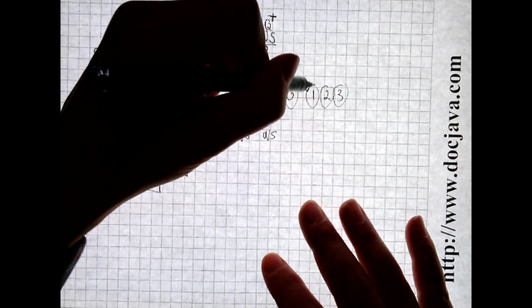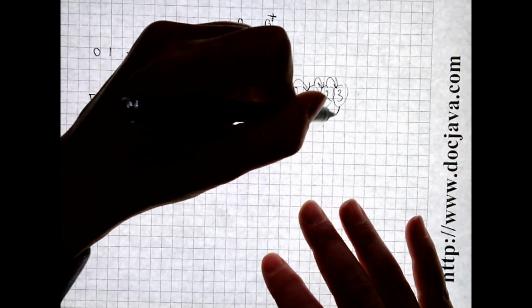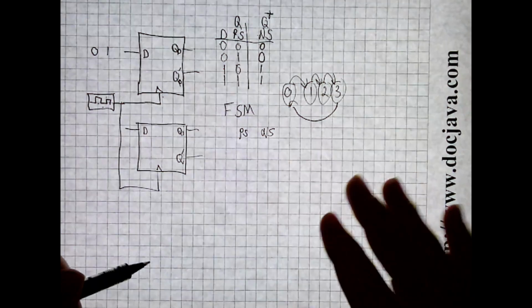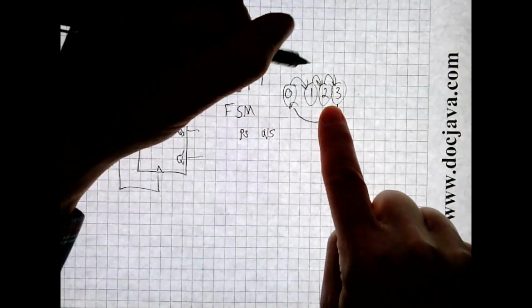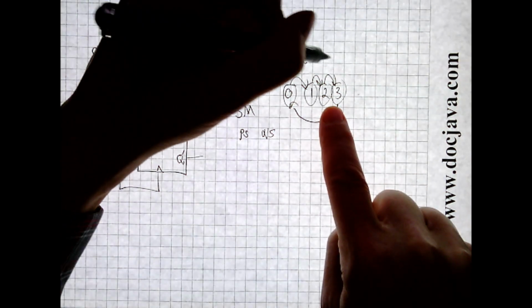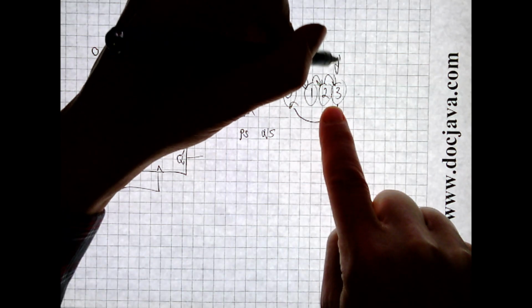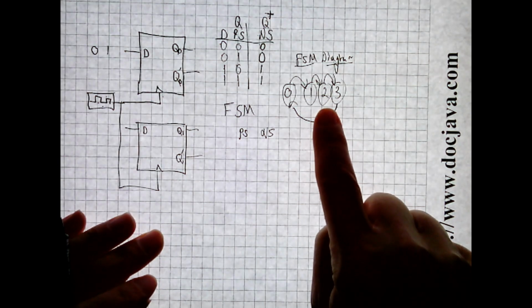This is a little finite state machine, and it goes back to the beginning, right? And that's a finite state machine diagram. This is called a counter. And today, we'll learn how to count.